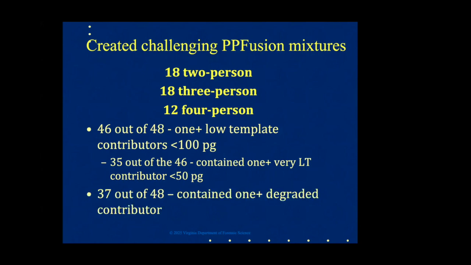And then next. And 37 out of these 48 mixtures contain one or more degraded contributors. These varied from extremely degraded, where there's a severe ski slope with higher molecular weight loci typically dropping out, versus just a pronounced ski slope, and not necessarily drop out of the large molecular weight loci. Okay, next slide.